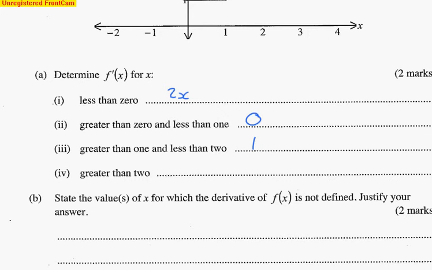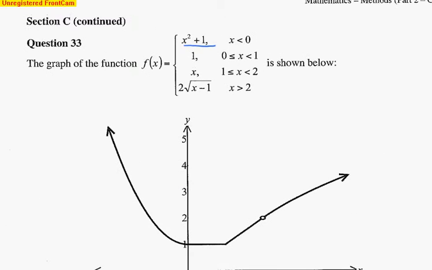For greater than 2, that's the last one here. To find the derivative of that, you need to put it into index notation, so that is 2 times (x minus 1) to the power of half.